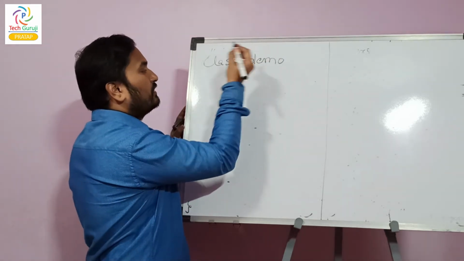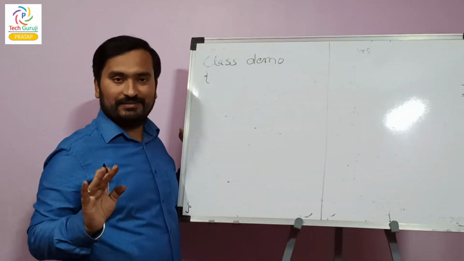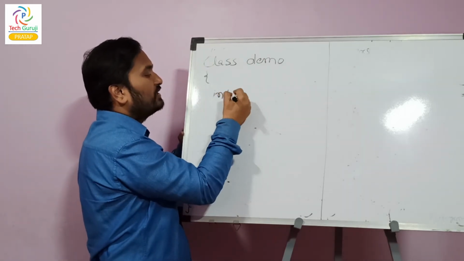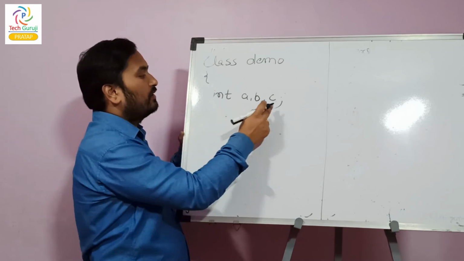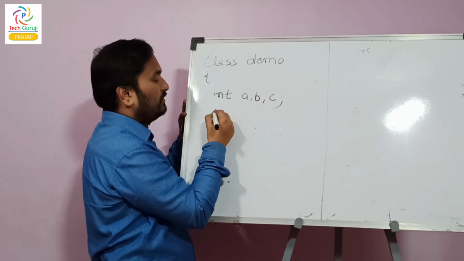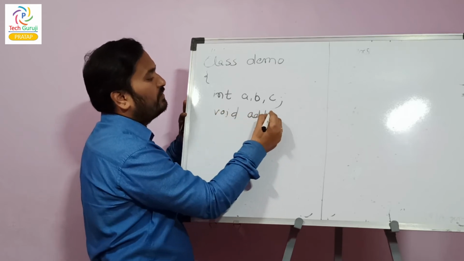Class demo does not contain a main method. Class demo will have integers a, b, c, semicolon. After that we have a method. The method name is void add1.